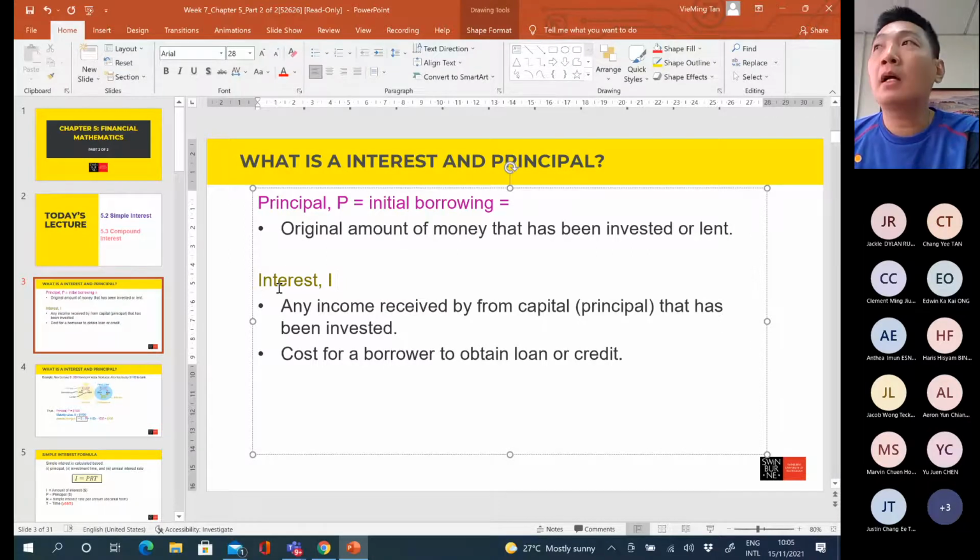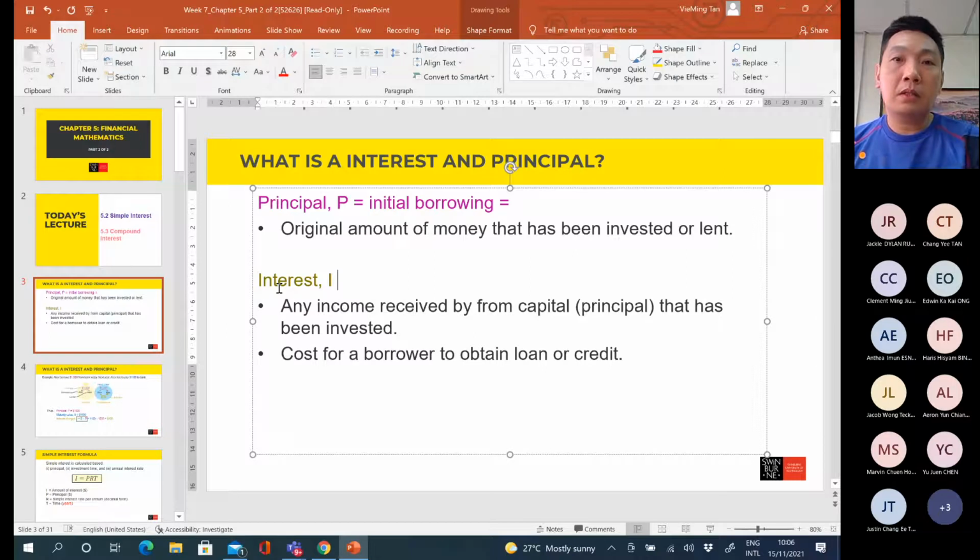Besides loans or borrowing, the individual customer can also invest money in the bank or save money in the bank, and in return the customer will receive interest from the bank as well. So it can be looked at from the borrower perspective or from the investor perspective.